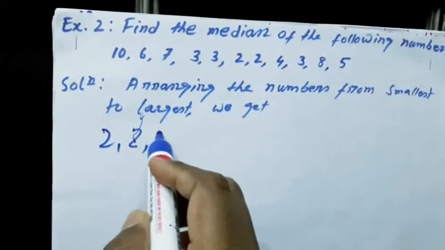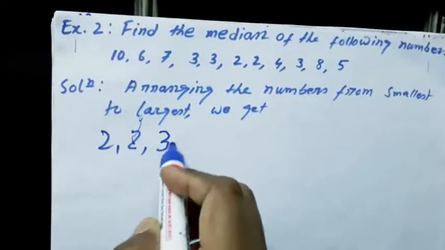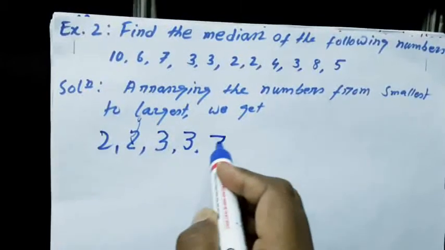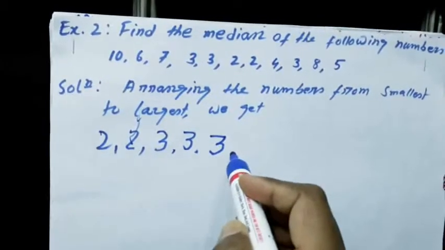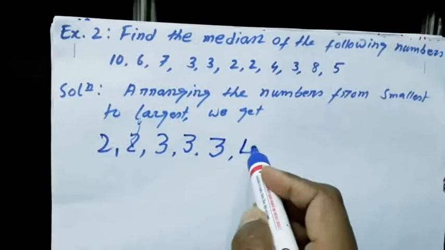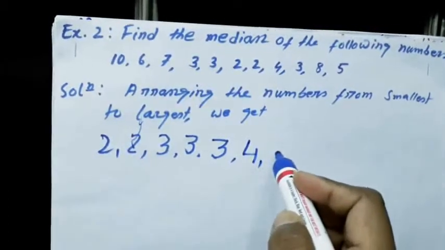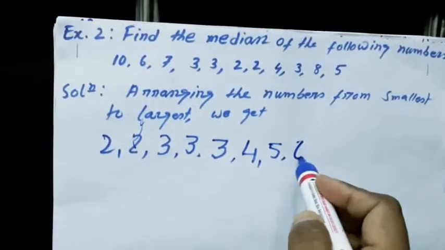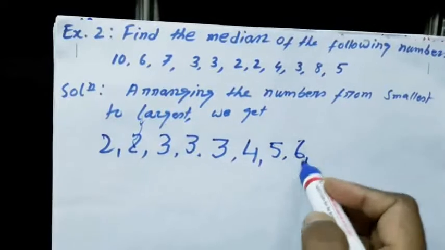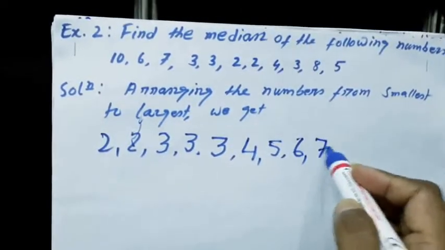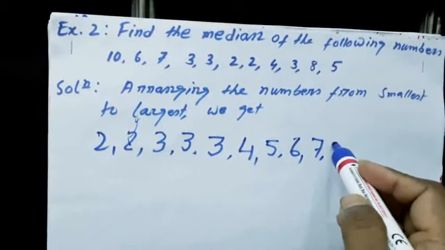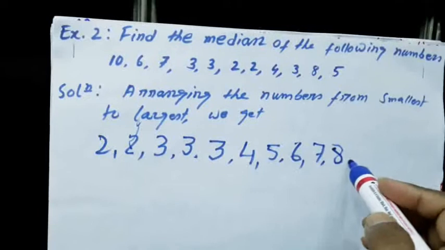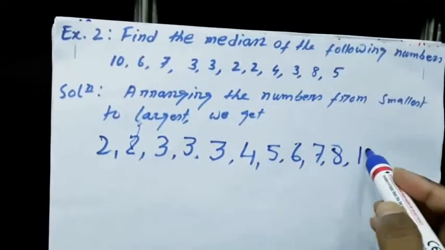How many 3s? 3, 3, 3, 3, then 4, 5, 6, 7, 8, 10.